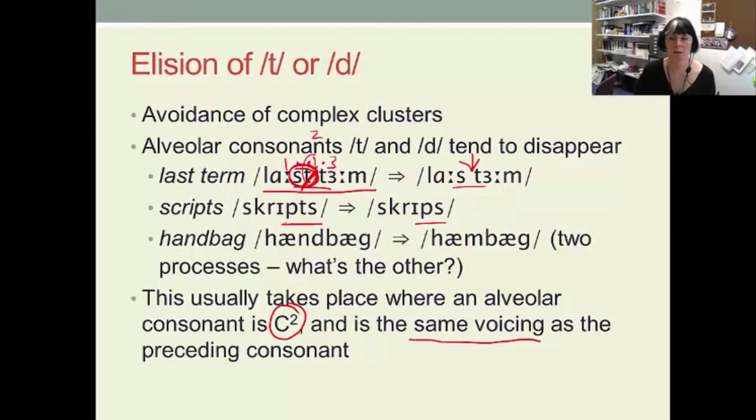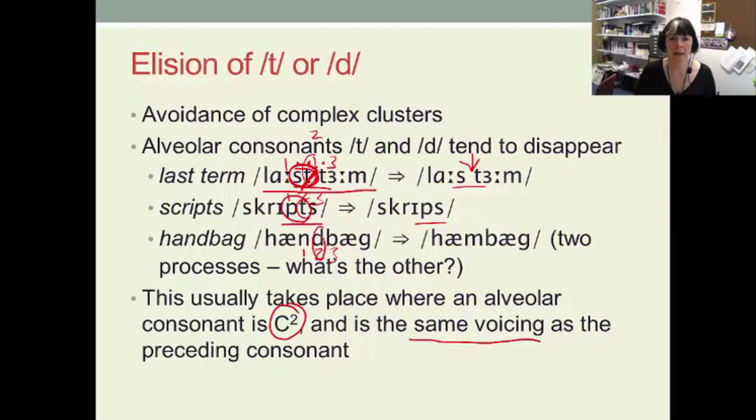It's the same thing for "scripts". I have my group of consonants, 1, 2, and 3. The T is the second one, so it's right in the middle there, and it agrees in voicing with the preceding sound. And in "handbag", I've got 1, 2, 3 consonants.